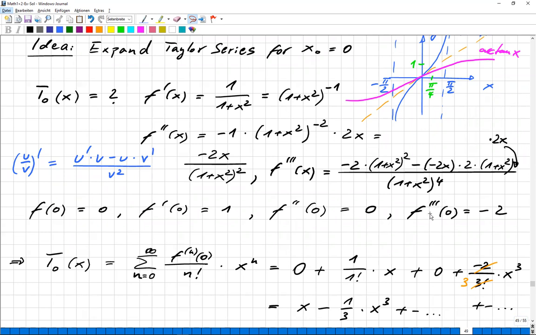But now take this element number 3, f triple prime of 0 equals -2. So I have -2 over 3 factorial. And that means that this one cancels against this, so that the highest factor stays in the denominator, which is 3.